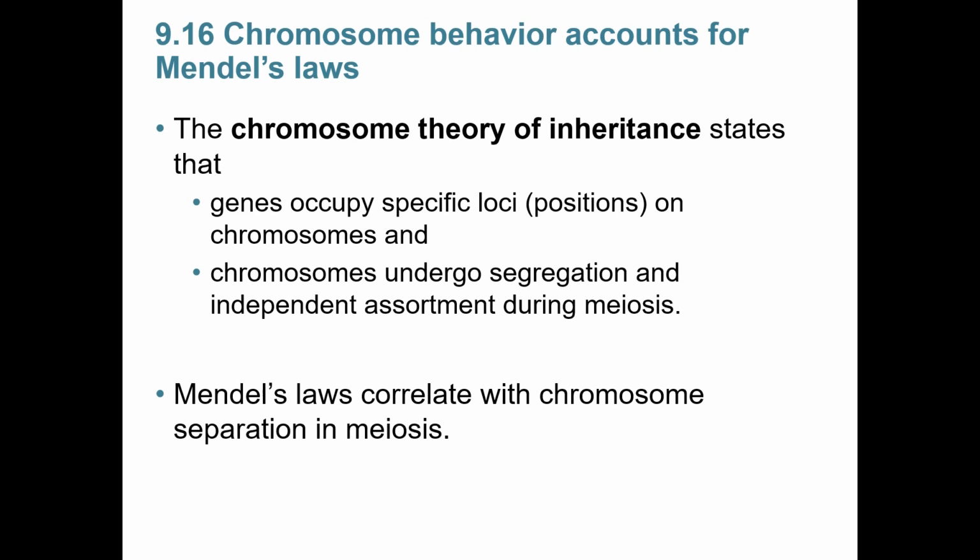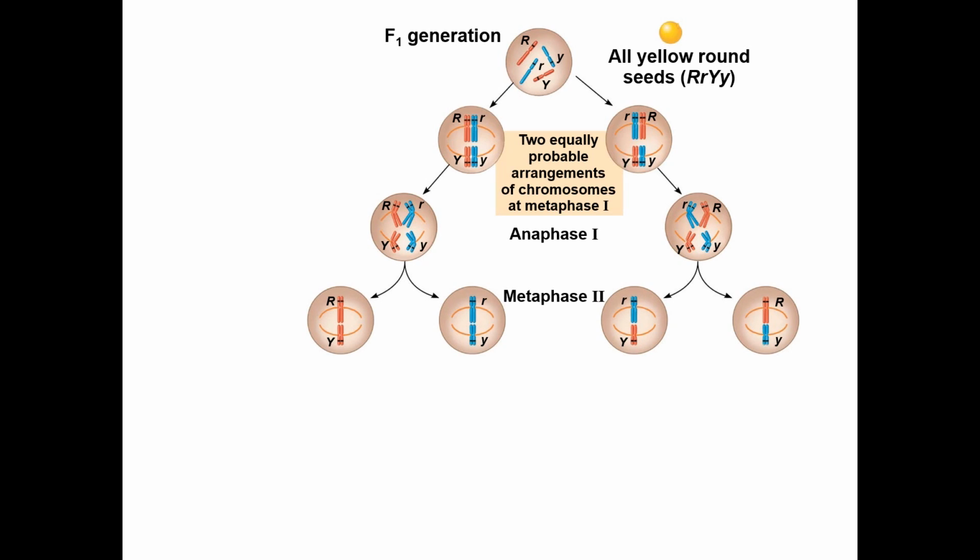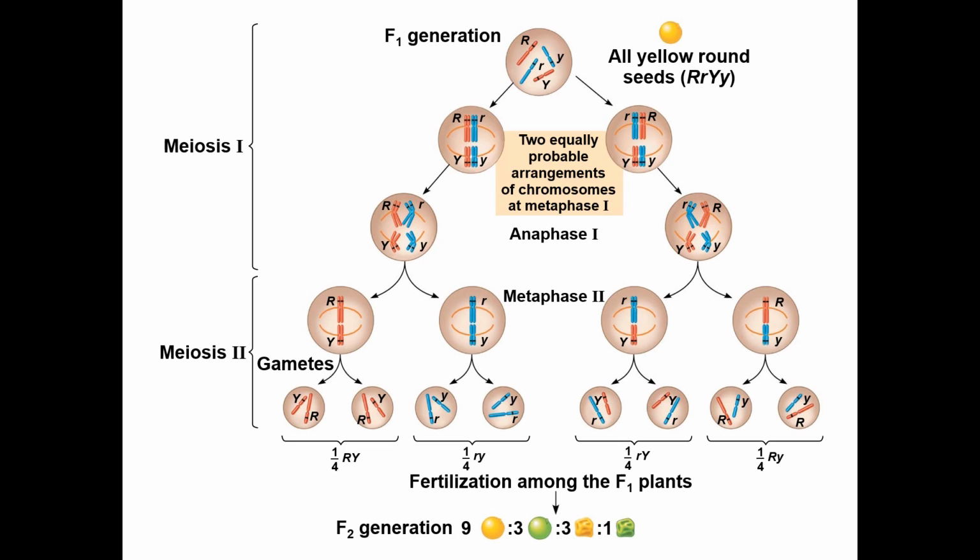The idea here is that there is equal probability that chromosomes can line up in one way or another. So for example, when that happens, depending on how chromosomes line up, that's going to change how different alleles end up being inherited, and this is the basis for things that we see in 9 to 3 to 3 to 1. So when we're thinking about what gametes are going to be produced by an individual, we have to consider all possible arrangements.